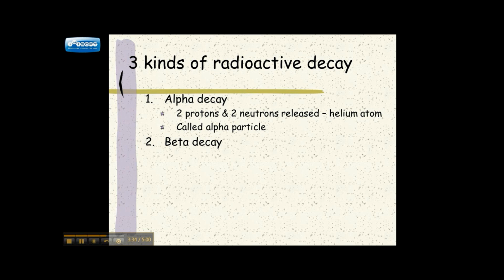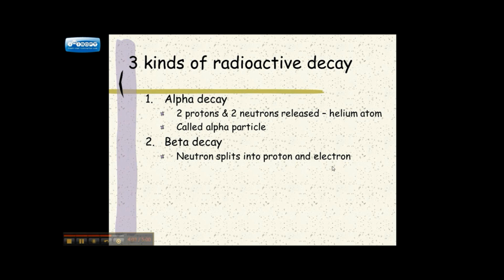The second kind is beta decay. Beta decay also releases particles from the nucleus. A radioactive material will release a neutron, and this neutron will split into a proton and an electron. The proton stays with the nucleus.